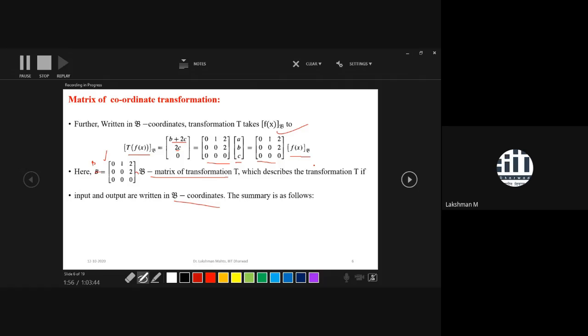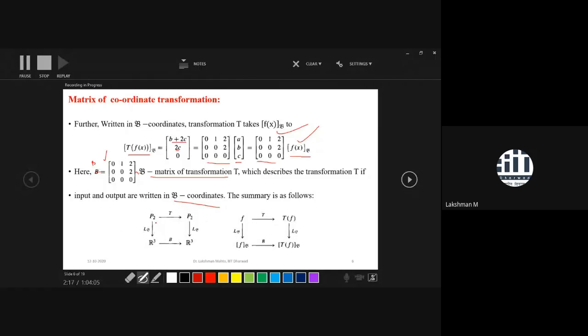When your input is here, you can observe that this is the input. The input is the beta coordinate of the pre-image f(x), that means an element from the domain. And this one is the beta coordinate of the corresponding image. So that is the scenario.